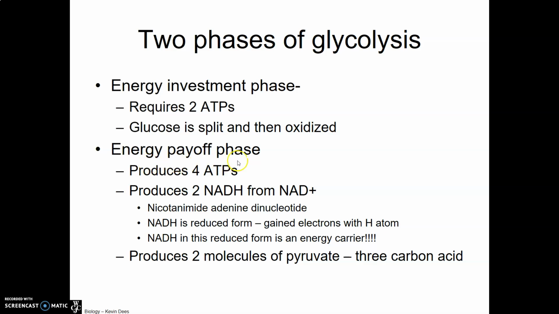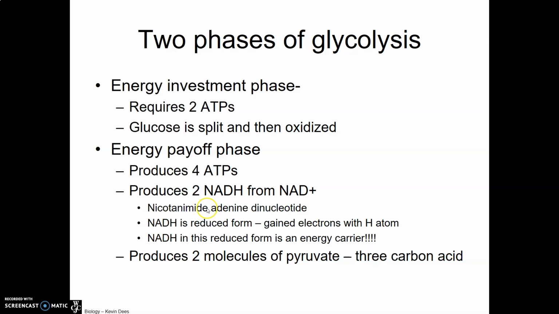Now, the energy payoff phase will produce 4 ATPs. And so if you think about this, if we put 2 ATPs in, we're going to get 4 ATPs out. That's a net gain of 2 ATPs, as we'll see in just a moment. But in addition, this energy payoff phase also reduces 2 molecules of NAD to form NADH.